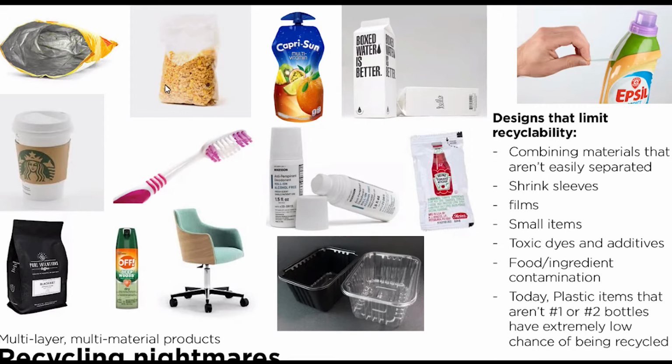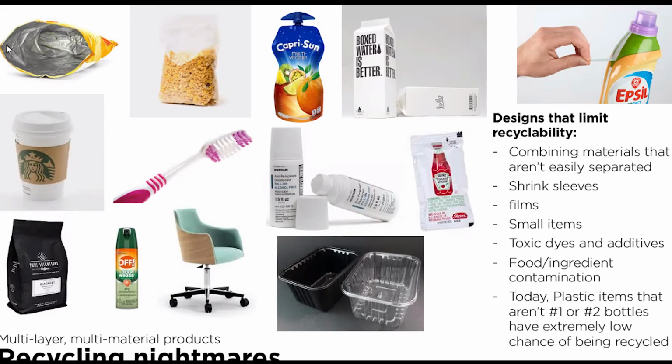For example, you can see here this chip bag. These are cornflakes or something like that. Or sorry, cereal bag. Cereal bags, I've learned, can have up to 9 different layers of different plastics in them. And the reason for that is because each layer serves a different purpose, whether it's stiffness for the bag, or it's keeping oxygen out, or maybe it's a water barrier. They all have different functionalities.